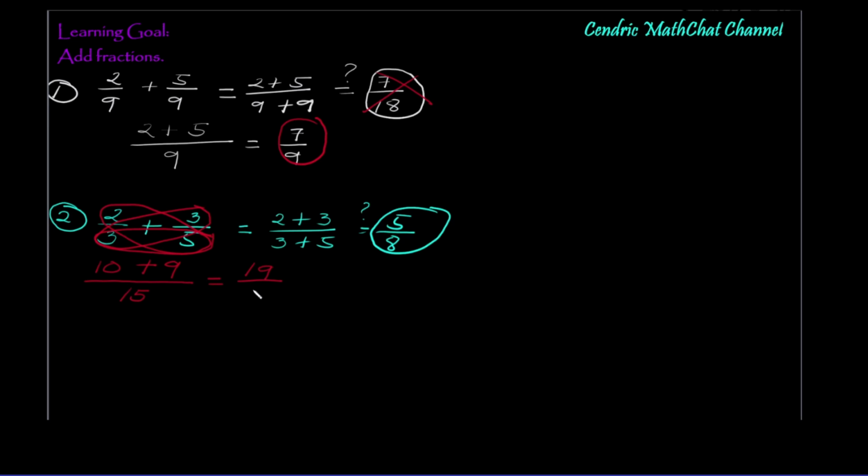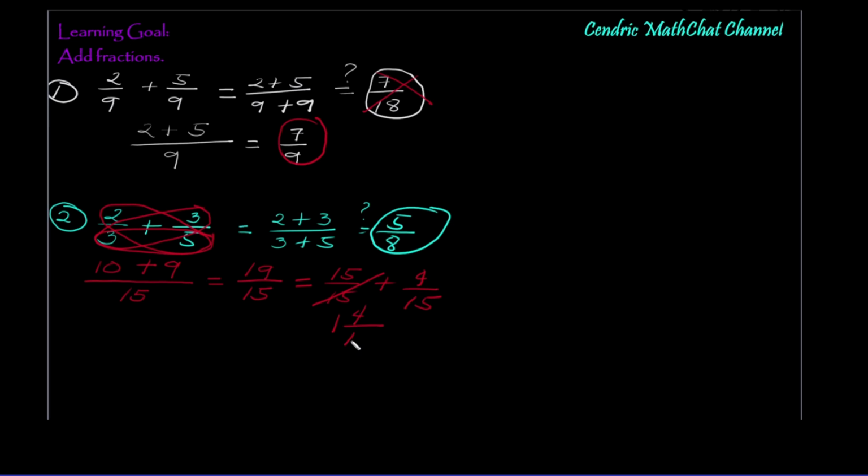And since this is an example of what we call improper fraction, we have to rename this, and we know that 19/15 is the same thing as 15/15 plus 4/15, and this is the same thing as 1 plus your 4/15 will give us 1 and 4/15.